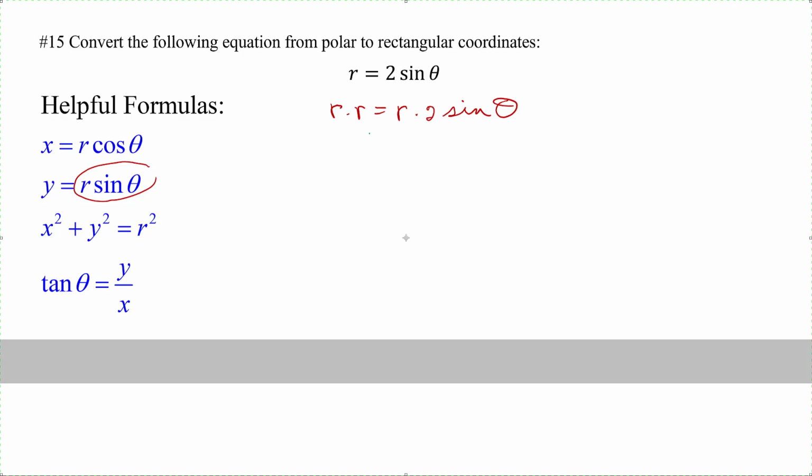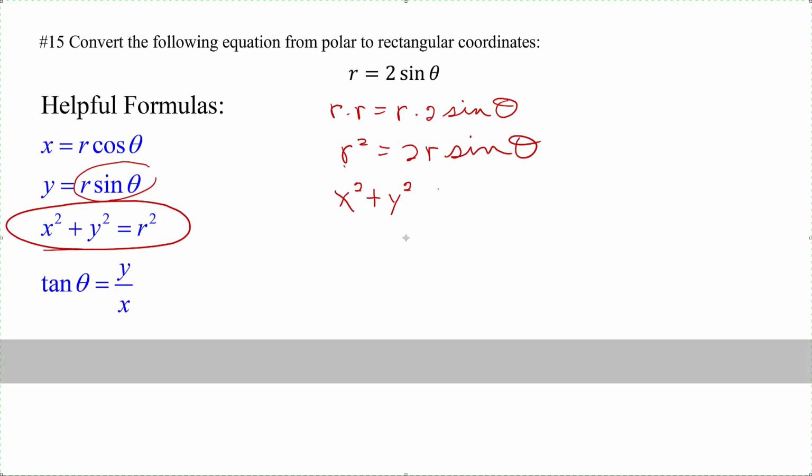And rewrite that as r squared equals 2r sine theta. And I'm trying to turn this into rectangular coordinates. So I can write r squared as x squared plus y squared. And I can write r sine theta as y. Okay, well, we actually have a formula here, but let's make that formula look a bit nicer. I'm going to pull the 2y to the left side.